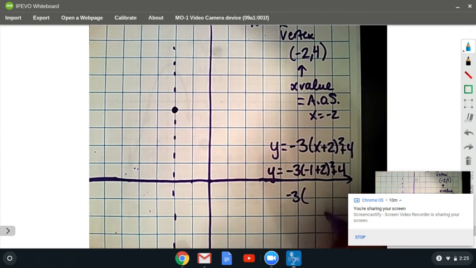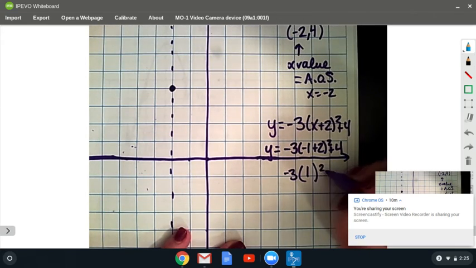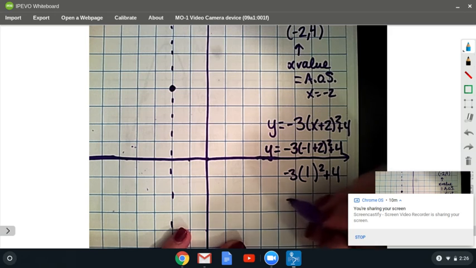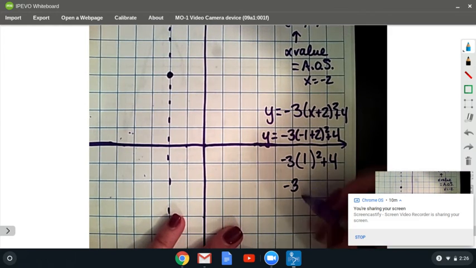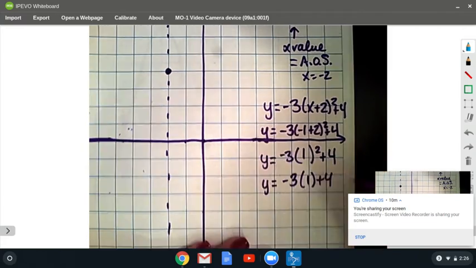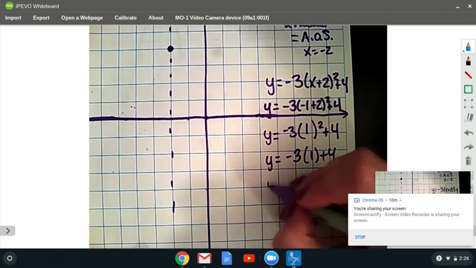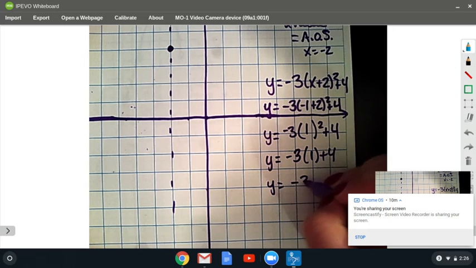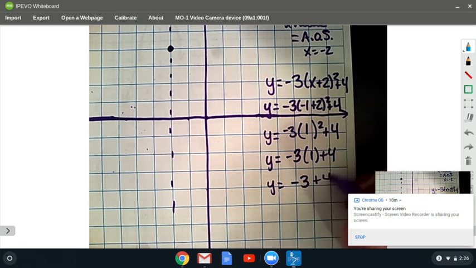So I have -3. -1 plus 2 gives me +1. And then 1 squared gives me a +1. Forgetting my y equals over here. -3 times 1 is -3. Plus 4 is 1.